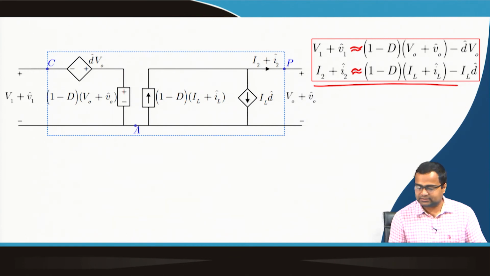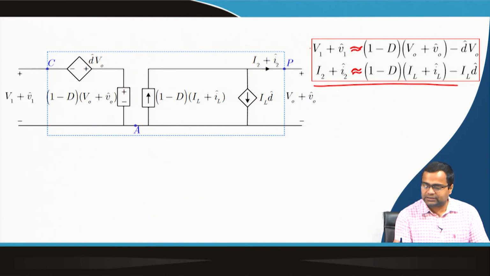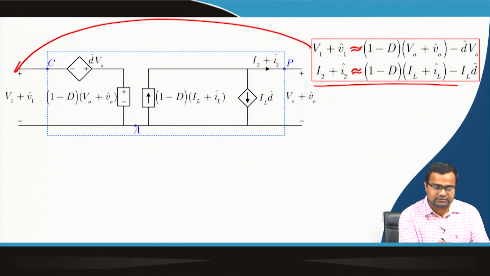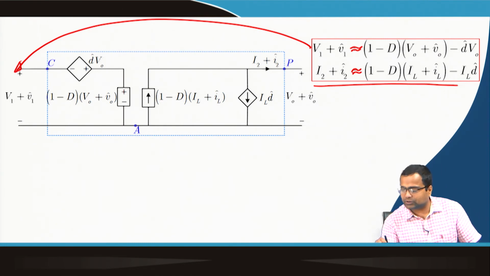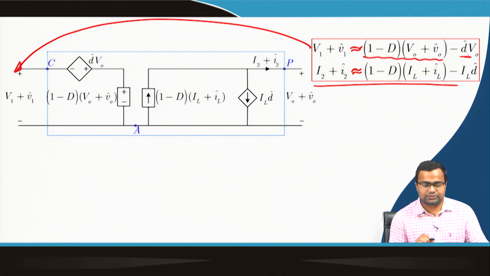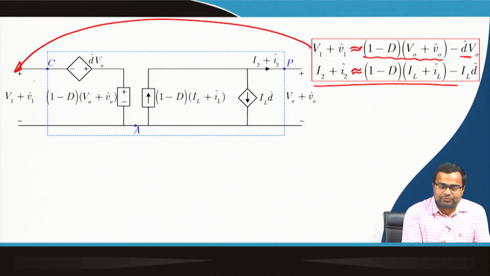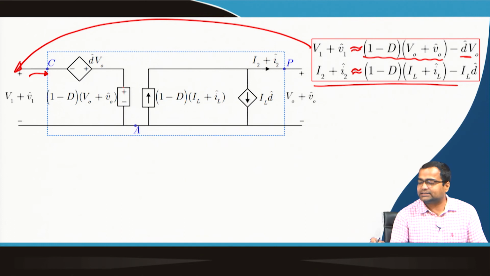And we can draw the equivalent circuit. See, this is the input voltage. If you look at this voltage, it consists of two terms, this voltage minus this voltage. So, if you come from this to this side, it will be V1 plus this term is equal to this term, and that is exactly it.